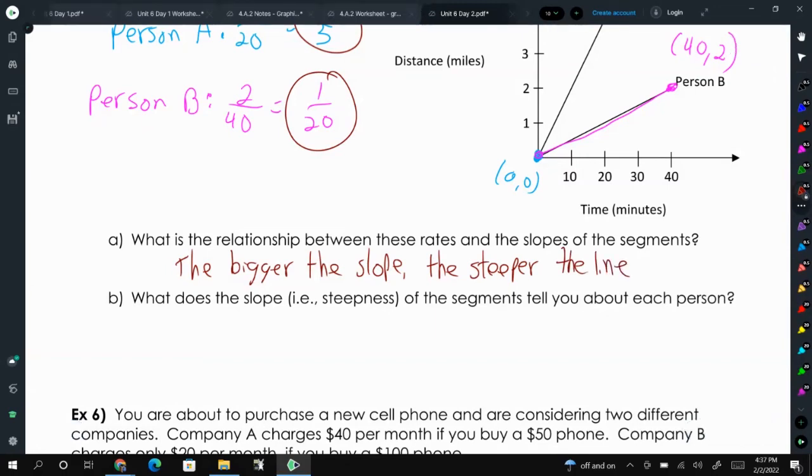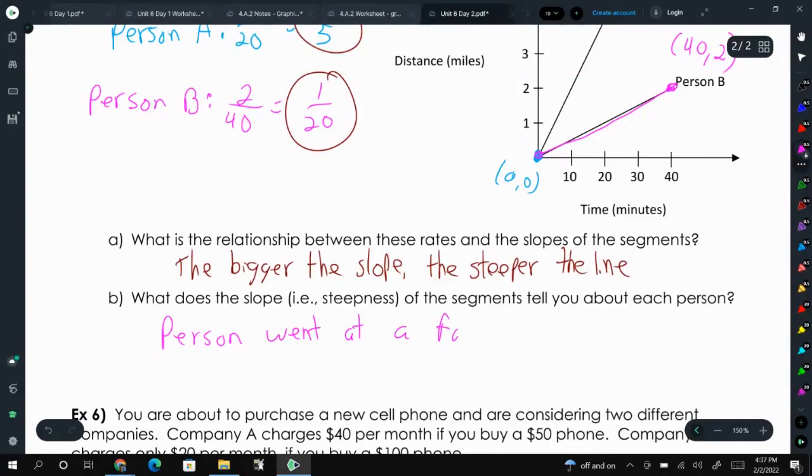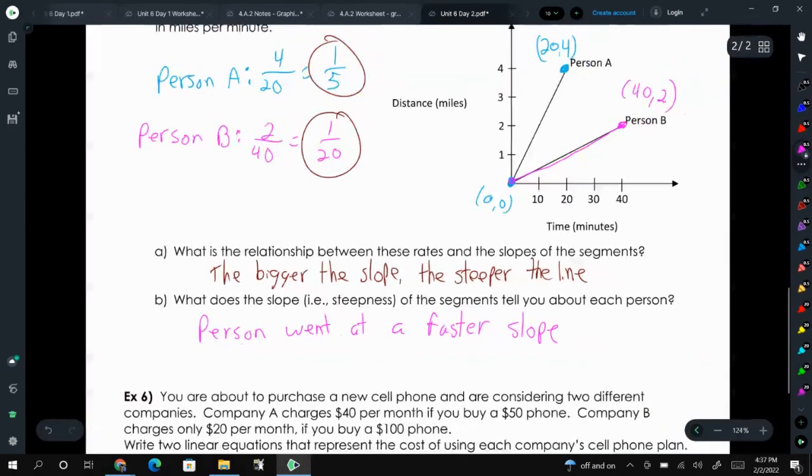What does the slope tell us about each person? Well, it tells us that person A went at a faster rate because they had a steeper slope. That's what it tells us. So a steeper slope means that your rate of change is larger.